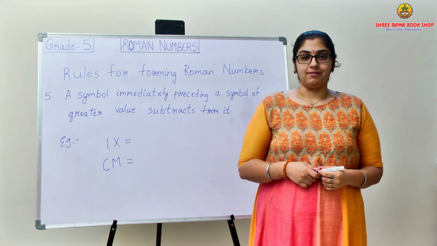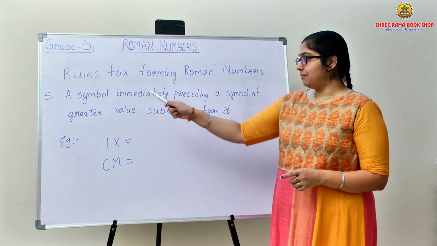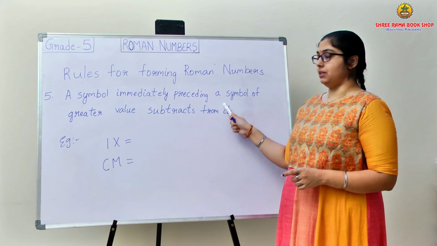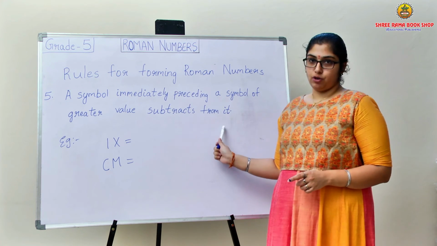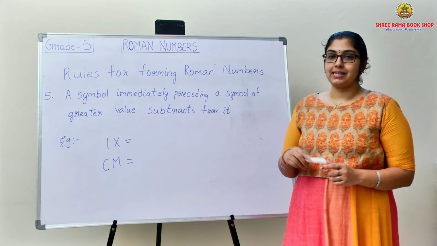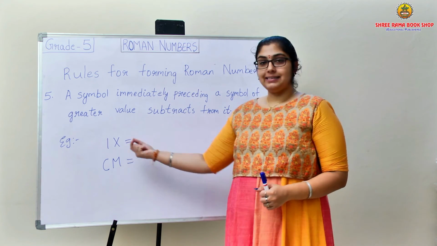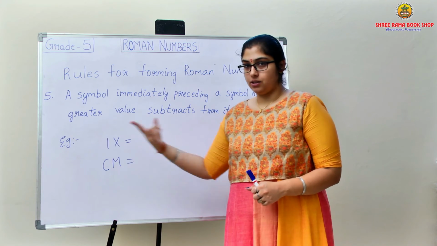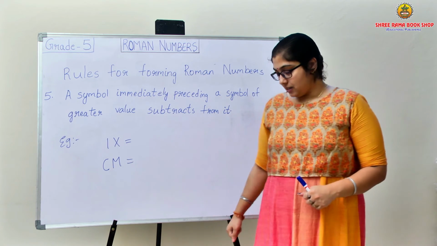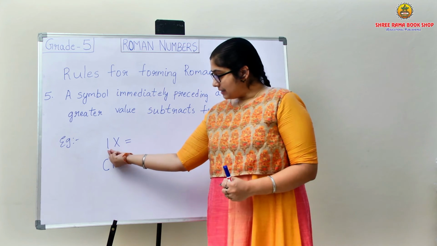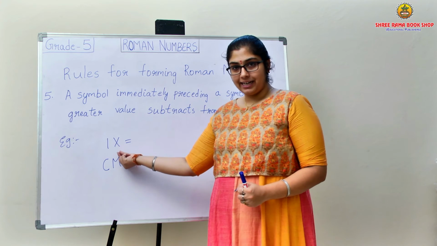What does rule number 5 say? Rule number 5 says that a symbol immediately preceding a symbol of greater value subtracts from it. What is preceding? Preceding is nothing but before, right? So here in the example, I and X are the two symbols. A symbol is immediately preceding a greater value symbol.